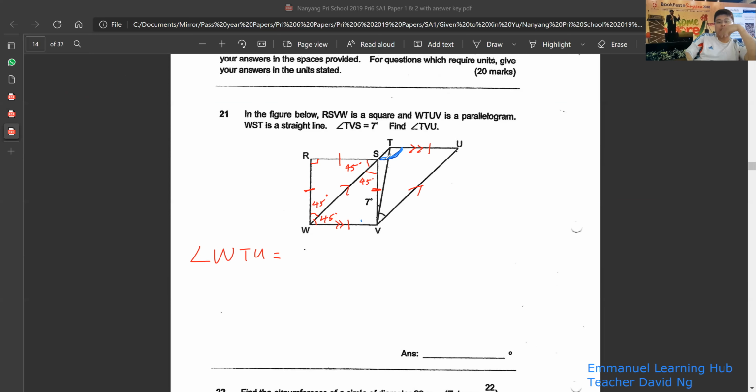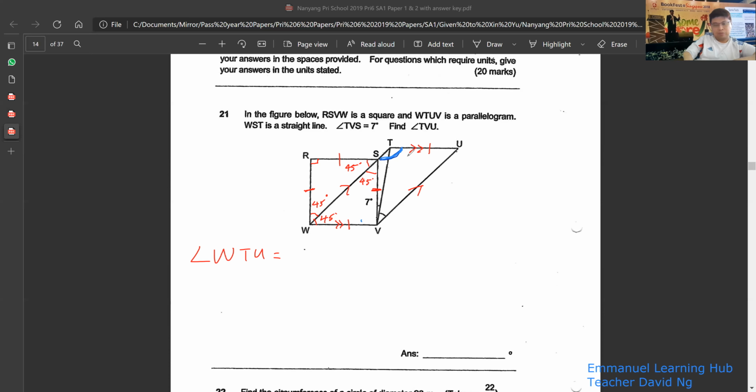Do you notice this angle is one of the corners of the parallelogram, right? Do you notice that? Yes or no? Okay, this is one of the corners of the parallelogram.